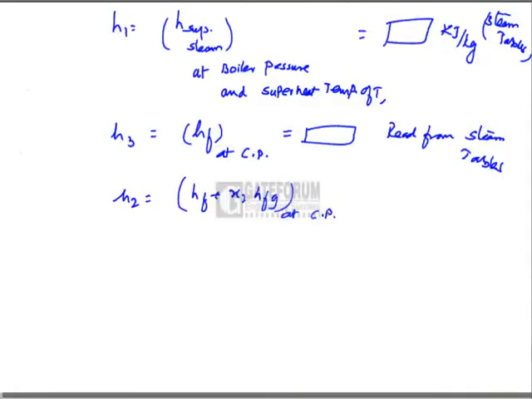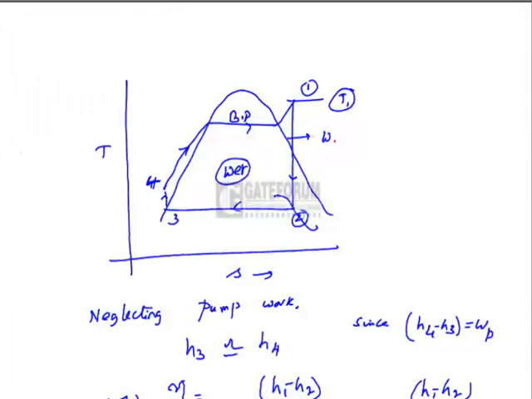Again, the dryness fraction of steam leaving the turbine is needed to calculate enthalpy at state 2, H2. How to get the dryness fraction? To get the dryness fraction, we have to equate the entropies. S1 is S2 because 1 to 2 is expansion in the turbine, that is isoentropic expansion.